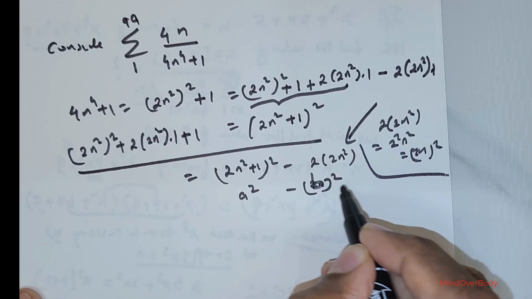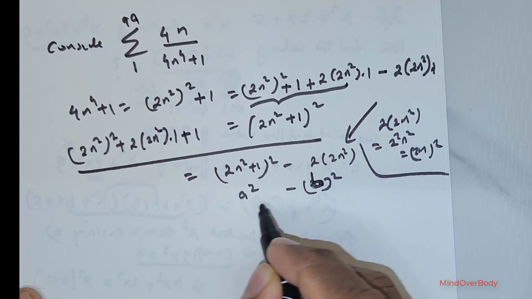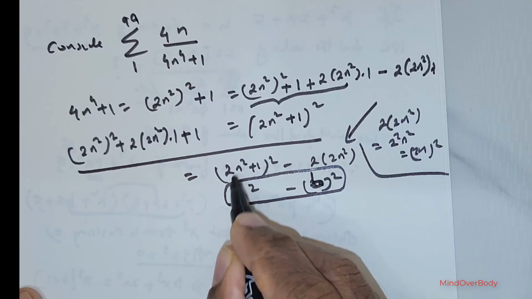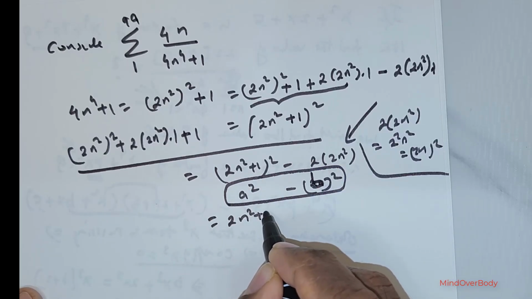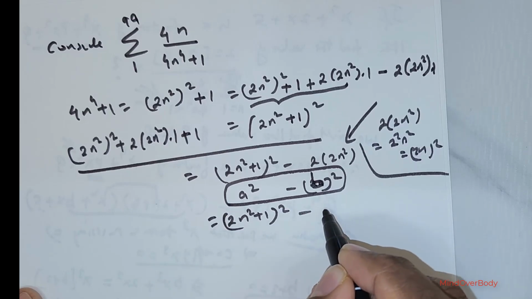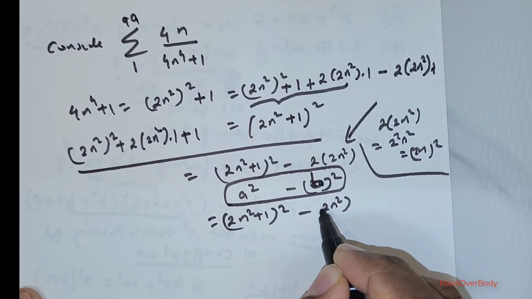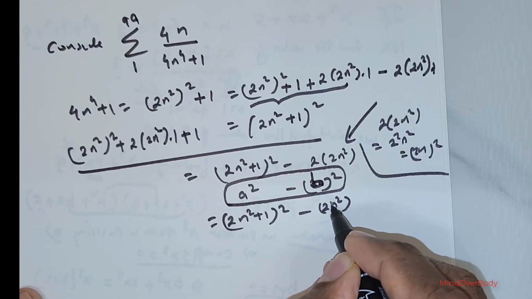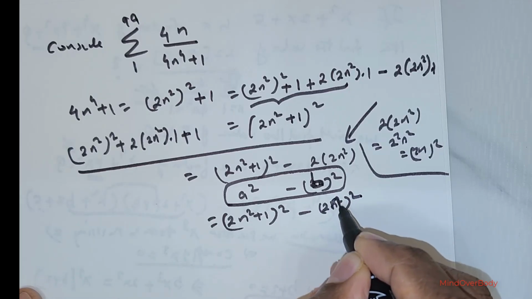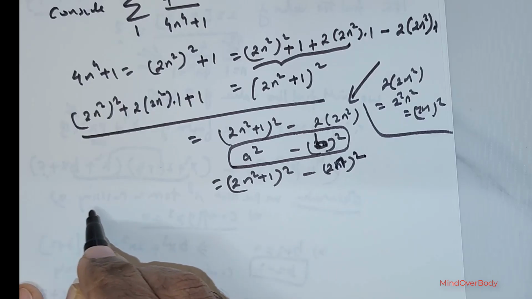So this is (2n squared positive 1) raised to the power of 2 negative (2n) squared. In fact, I will just place 2n there and place the square there. So this is how it looks.